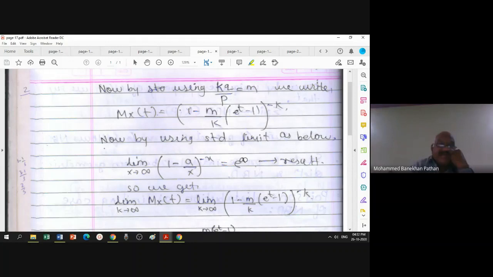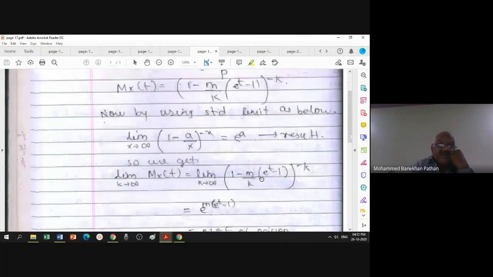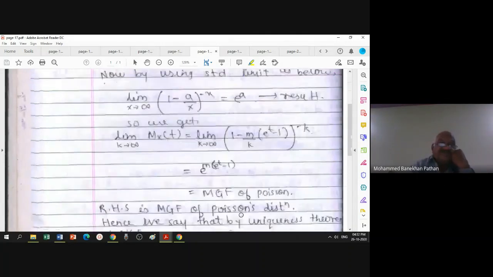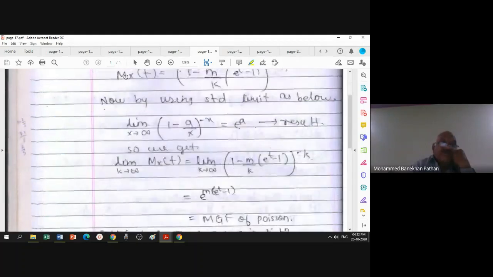So what is a? A is nothing but m times e to the power t minus 1. So the limit of the MGF up to here was the MGF of NBD. Now at this stage, it is not NBD, it is the limit of NBD. So the limit of NBD becomes e to the power m times e to the power t minus 1.